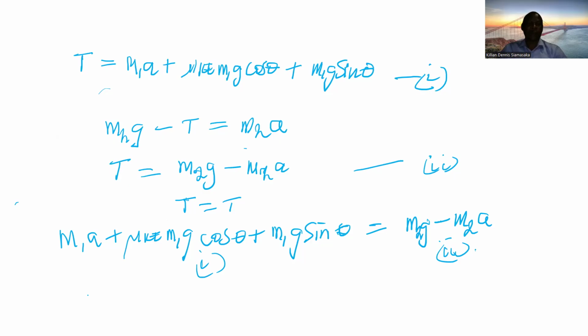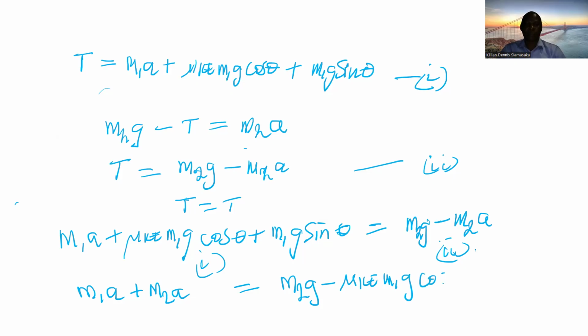Meaning that we can collect the like terms together. Mass 1 times acceleration plus mass 2 multiplied by acceleration should be equal to m2 g minus coefficient of kinetic friction m1 g cos theta, and then minus m1 g sin theta.